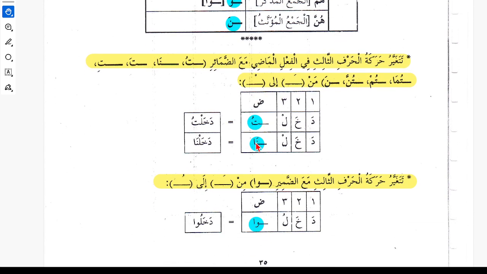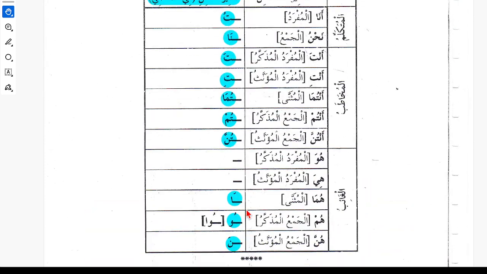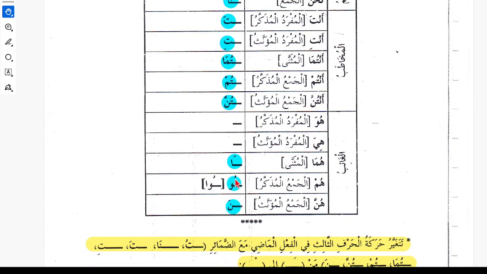And tataghayyaru harakatul harfis-salis ma'a damir waw. In the case of waw, which is this form, dakhalu, you see that now it does not have a sukoon, it has a dhamma. Dakhalu.